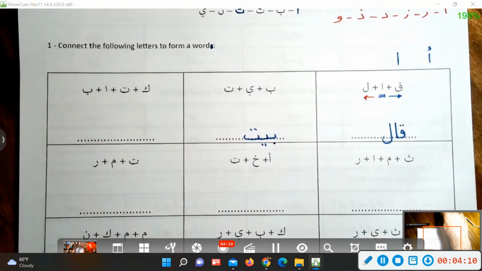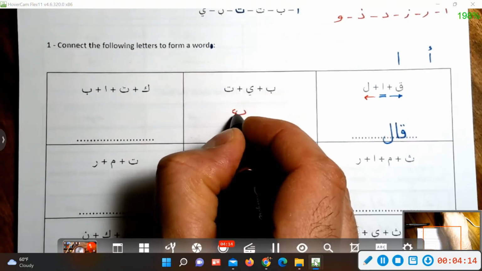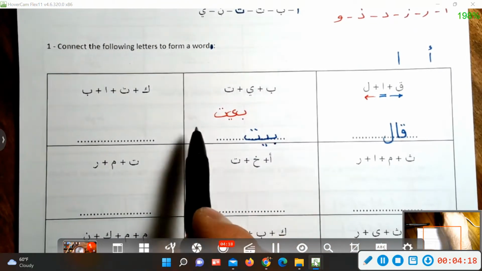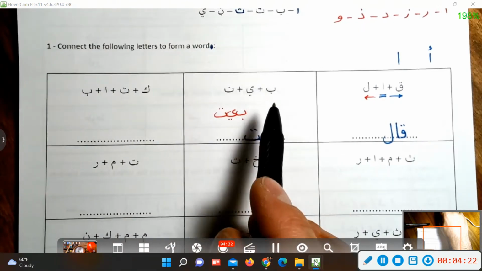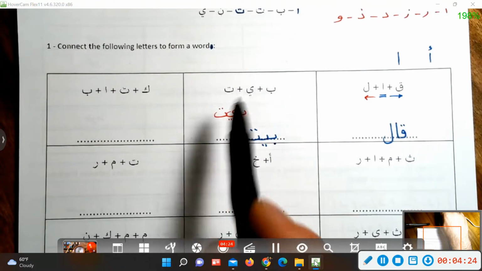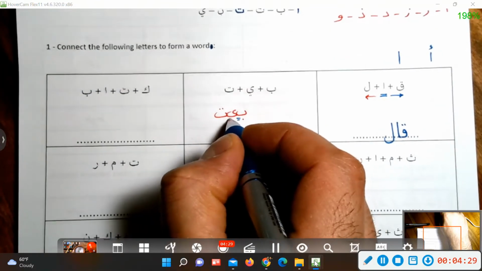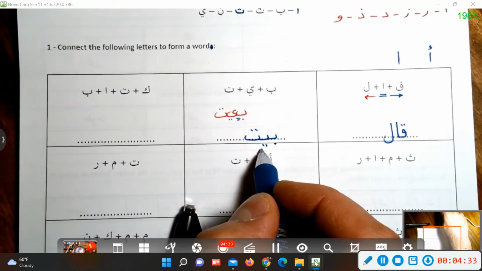I saw people doing it this way, ba, ya, ta. I don't know what they were thinking, but we said when you connect a letter, it loses the tail, so ba has to lose the tail, this part. And ya, since it's in the middle of the word, it has to come like this.